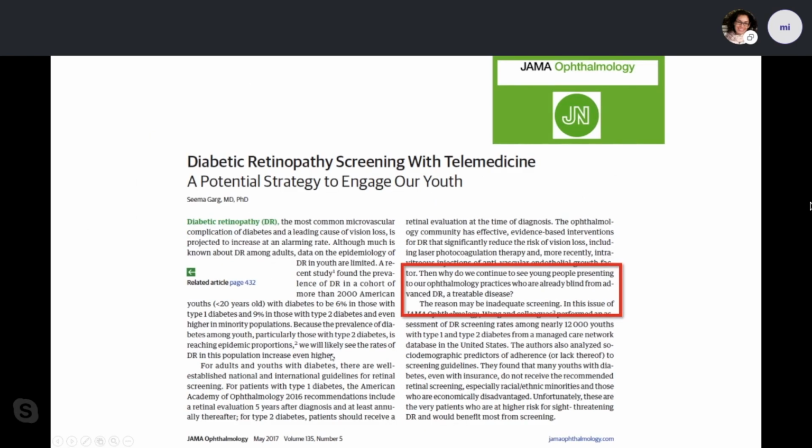And this is a very nice paper that Dina put on the presentation, and this was published in JAMA Ophthalmology in 2007, and the editor was asking himself why, if diabetic retinopathy is treated, it could be treated easily, they are still seeing young patients with loss of vision due to this condition.